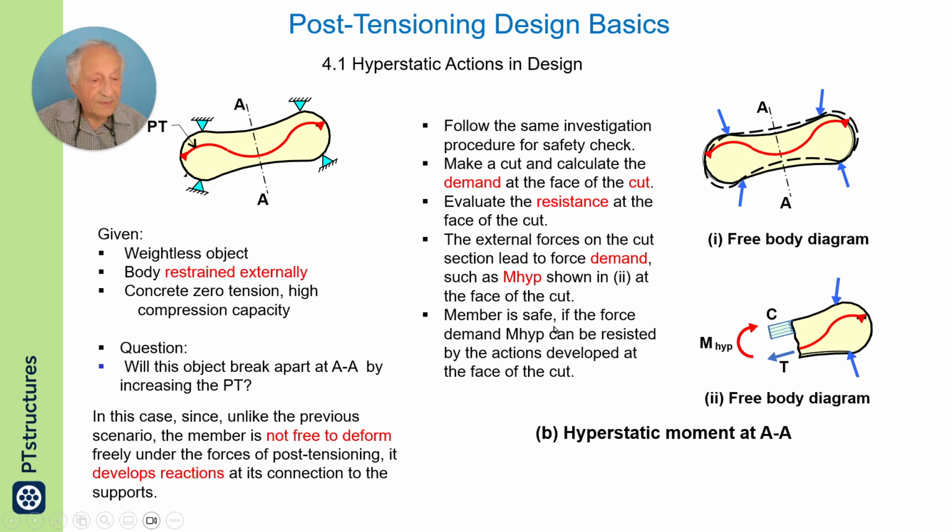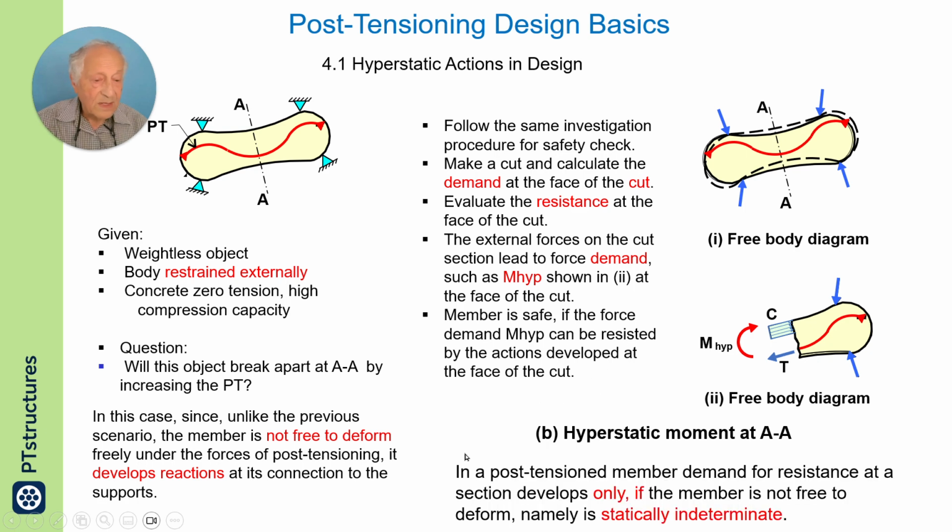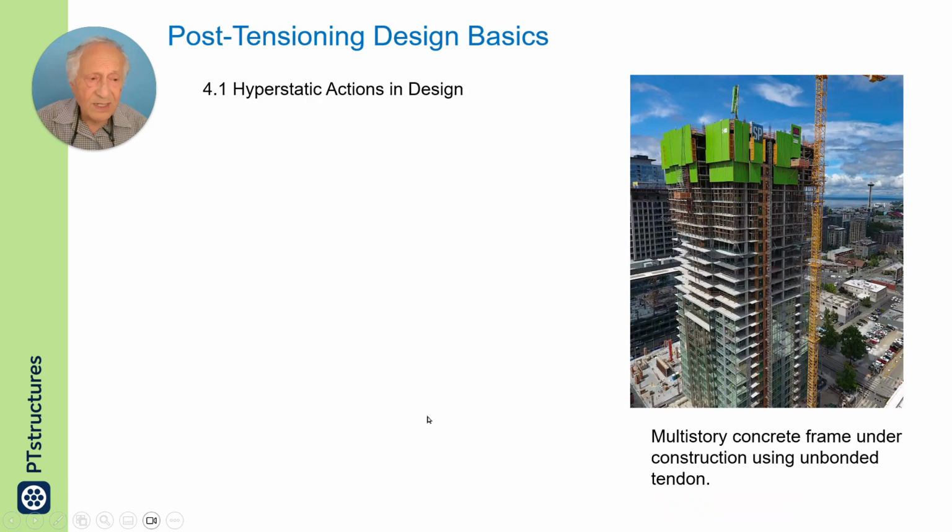These reactions cause demand, and the demand has to be met by the resistance of the support. Member is safe if the force, demand, hyperstatic moment can be resisted by the actions developed at the face of the cut. So in a post-tension member, demand for resistance at the section develops only if the member is not free to deform, namely in statically indeterminate structures. That is why it is called hyperstatic.